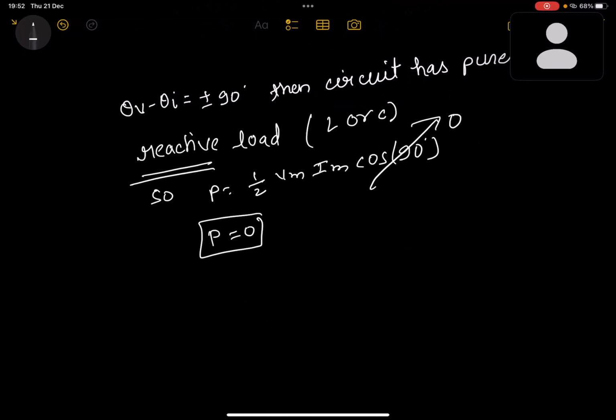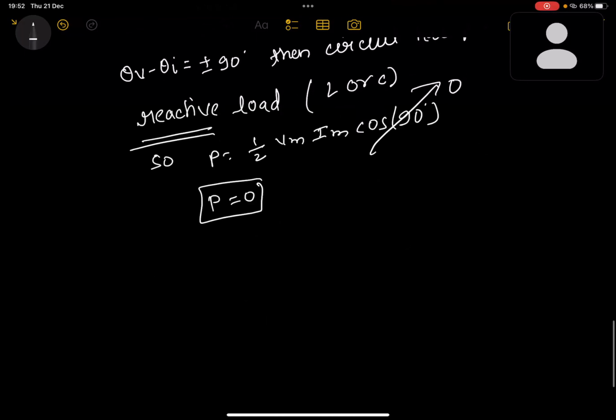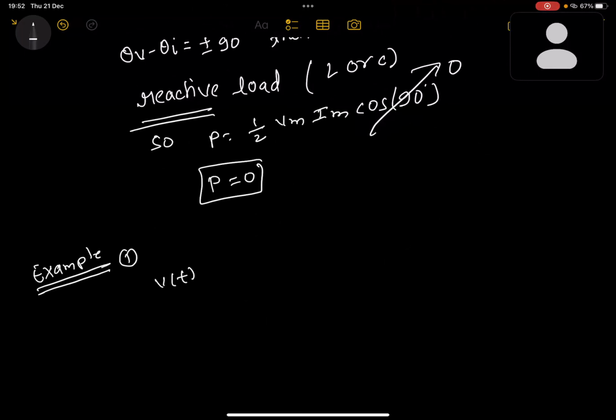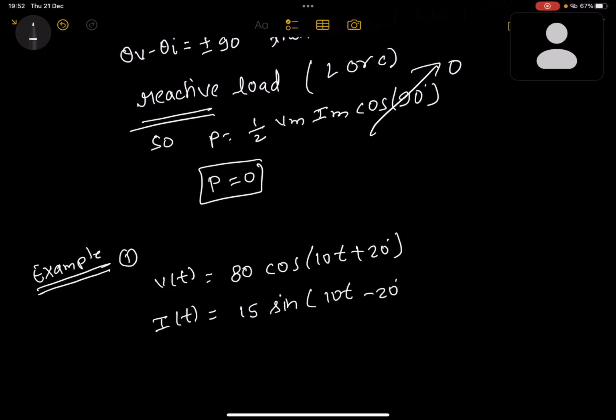Now we are going to solve the example. Example 1. Voltage vt is given as 80 cos(10t plus 20 degrees), and current it equals 15 sin(10t minus 20).